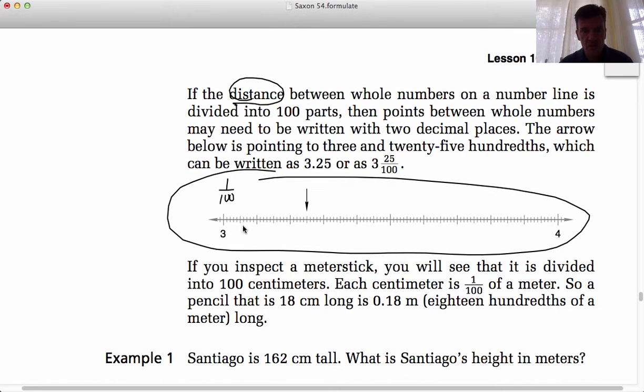So if we come to the arrow right here, it's going to be 3, but we're past 3, not to 4, and right there at that location, if you count how many tiny marks there are, 25 of them. So this would be 10, 20, and then 5 more. That would be 25. So 25 of the tiny marks means 25 hundredths. You can write it as 3 and 25 hundredths, or 3.25.